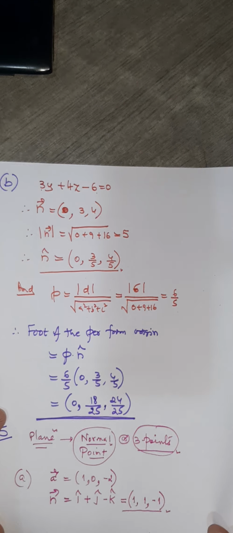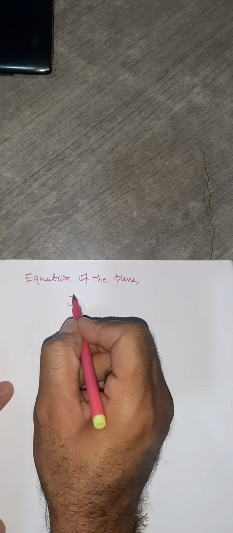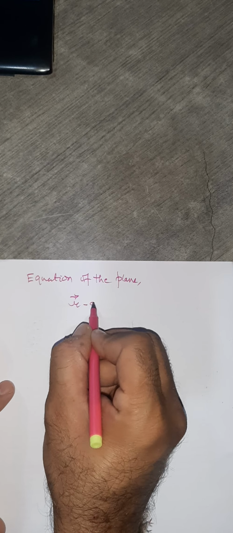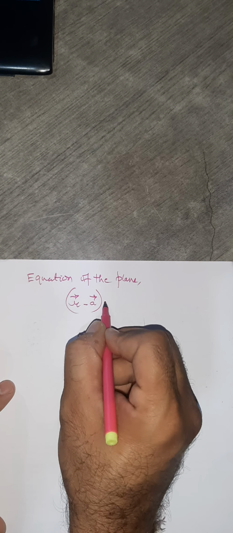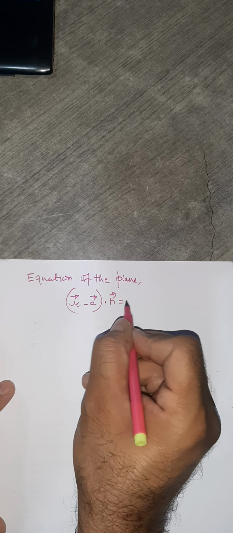So which form are you going to use? Just recall the form. The equation of the plane in this case is vector r minus vector a dot normal equals 0. This is the form, just go back to theory.